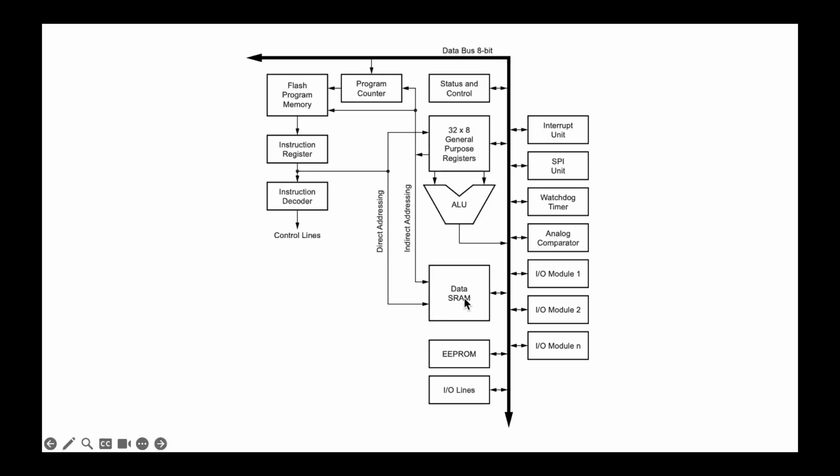It is byte addressable, and we have an 8-bit data bus connecting all of the general purpose registers, SRAM, and external I/O modules like SPI, UART, watchdog timer. We even have status and control, where the stack pointer would exist, and they are all accessed through the 8-bit bus. Even the program counter could be accessed through the 8-bit bus, even if it's 16-bit.